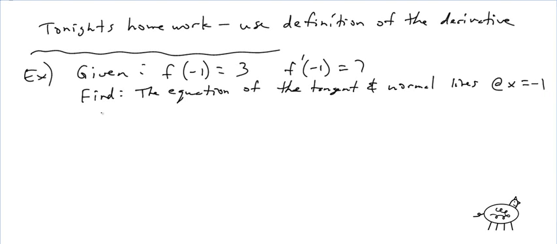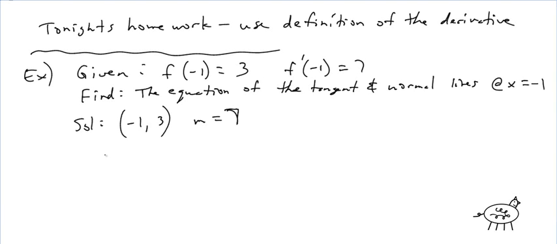First of all, here's your solution. Since you're given f of -1 is 3, isn't that a coordinate? Right? That's saying -1, 3. There's a coordinate. And what does f prime of -1 equal 7 mean? That means at -1, the slope of the tangent line is 7. So my slope is 7. That's it, math fans. You've got everything.